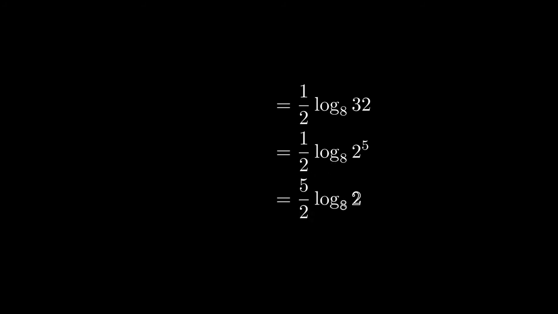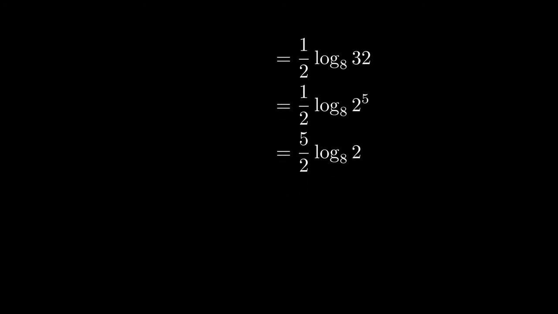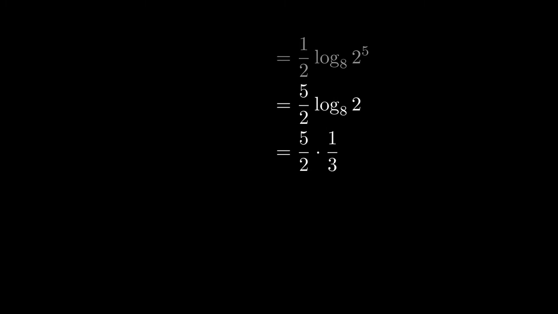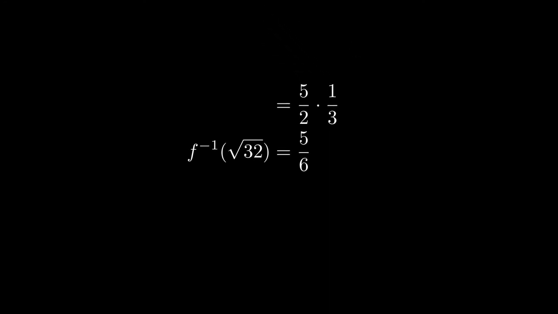Now we ask ourselves, 8 to what power makes 2? We know that the cube root of 8 is 2, right? So that's power 1/3. So that thing is equal to 1/3. And that's it. That's the value of the inverse at the square root of 32.